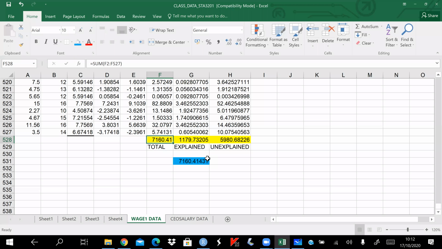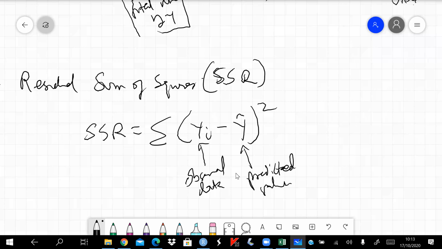So you need to note that total variation is equal to the explained variation plus the unexplained variation. Or in short, the total sum of squares is equal to the explained sum of squares plus the residual sum of squares. That's what I want us to capture in our notes here.